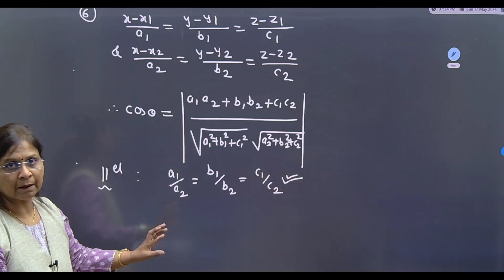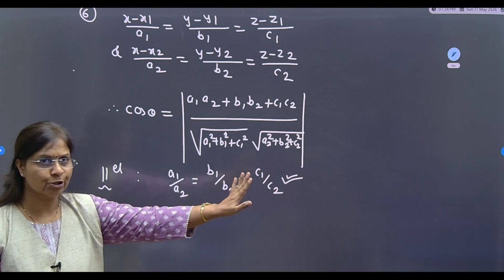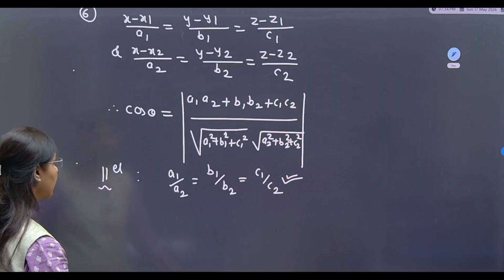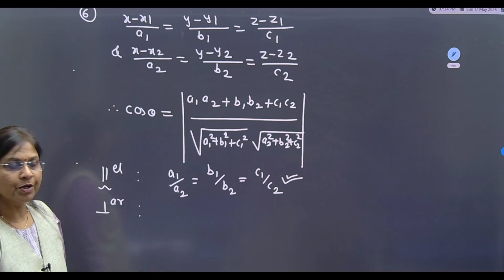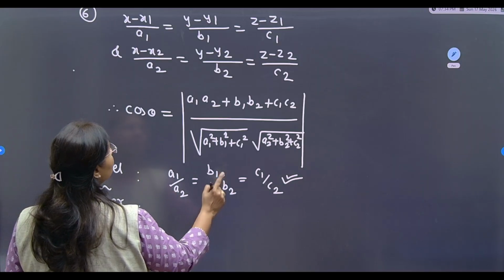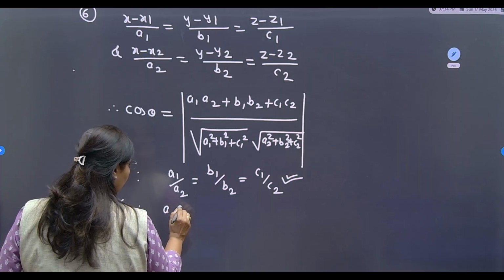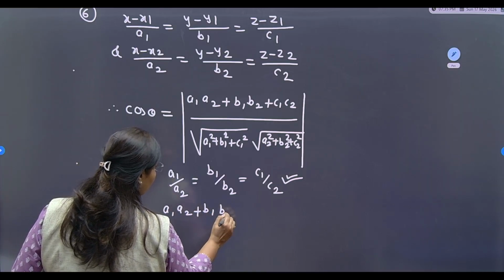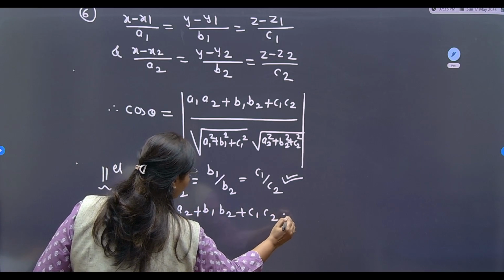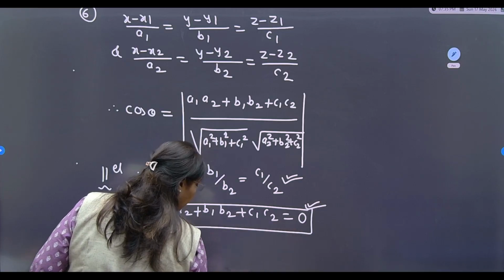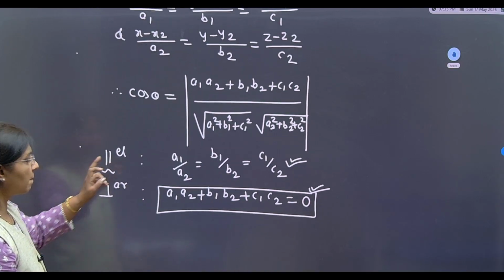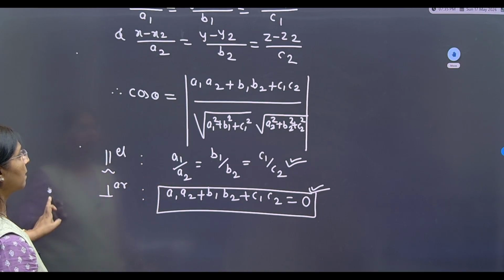Next, if two lines are perpendicular to each other, then the relation between their direction ratios is a1 a2 plus b1 b2 plus c1 c2 equals 0. Most important formula. These are the condition for parallel lines and the condition for perpendicular lines.